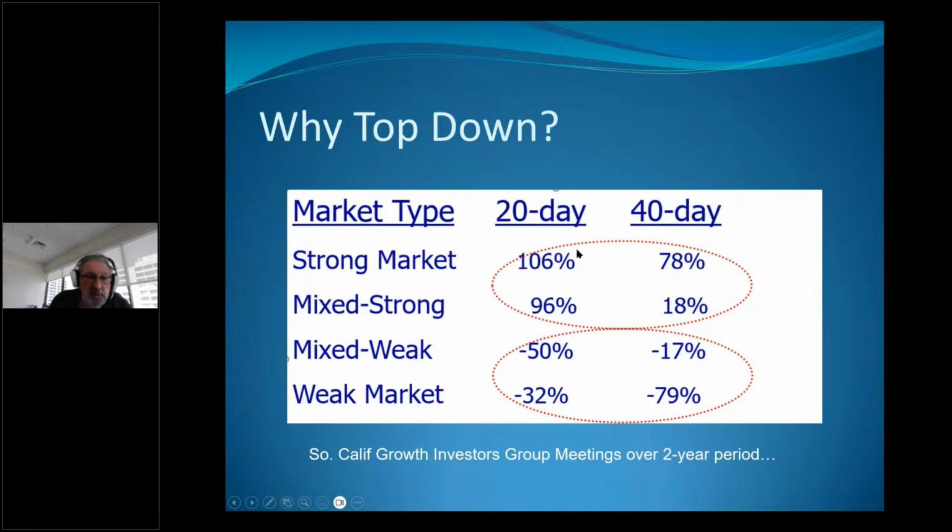So I'm always reaping profits out of my portfolio, maybe reinvesting them, maybe putting them in the bank. And the other message is if you're in a bad market, and we occasionally have bad markets, especially if we're in a recession.